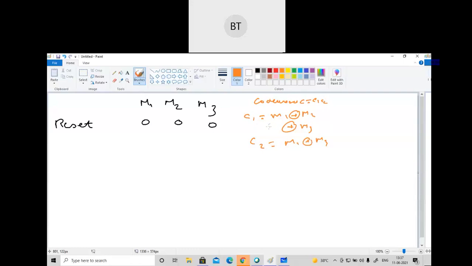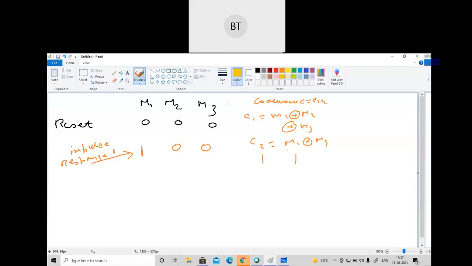So now how to proceed? First of all, consider the message input. Since we are dealing with the impulse response of 1, I'll write here 1. When I put 1 here, the bits get shifted, so the others will be 0, 0. For C1, M1 XOR M2 XOR M3 gives 1, and for C2 I will also get 1.